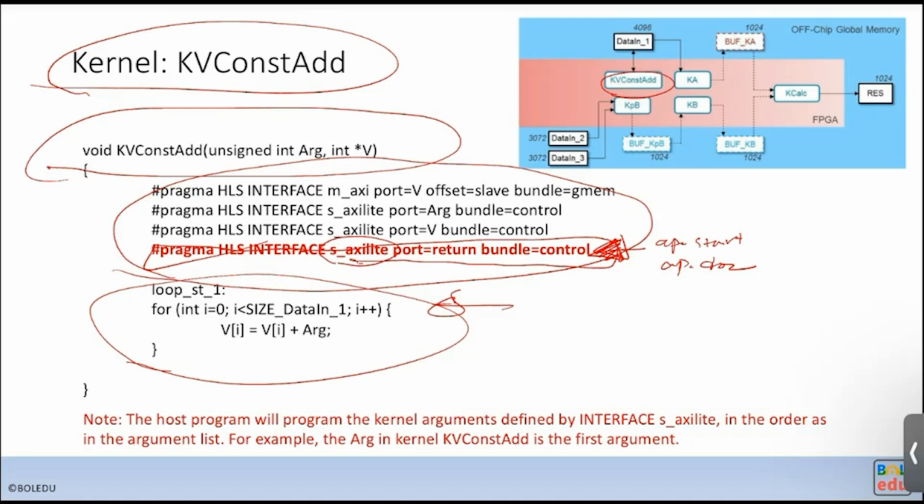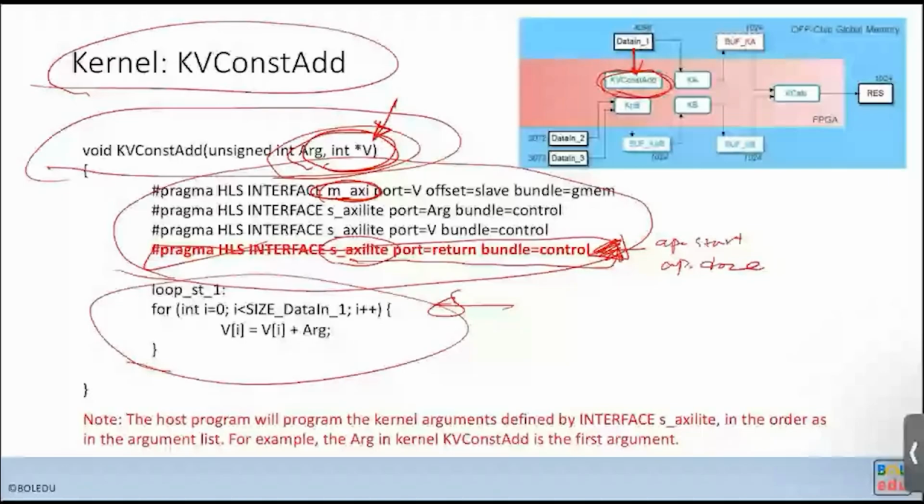And for the arguments, in this example there are 2 kinds of argument. One is a data payload, and you use m_axi to access data from global memory. To do that, you need to have a base address.